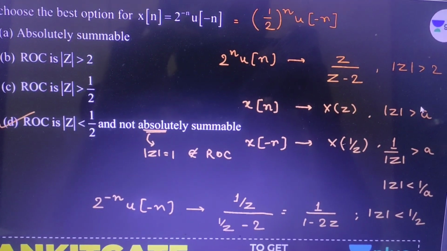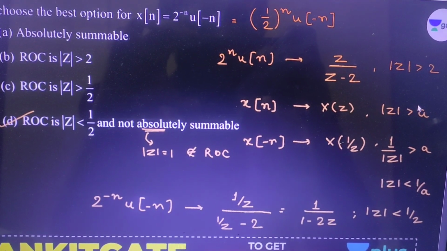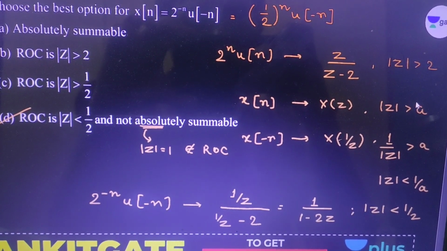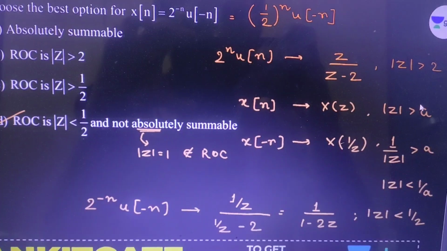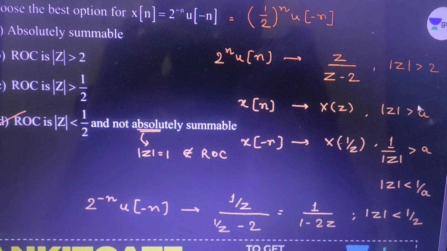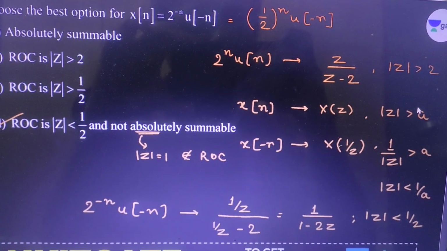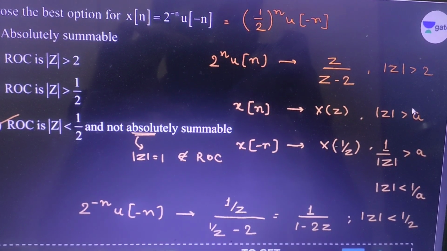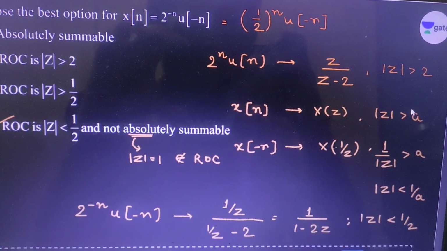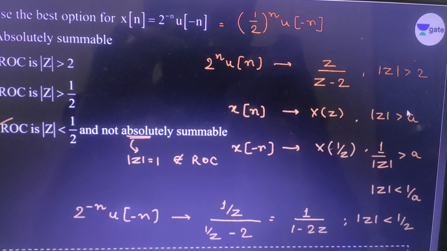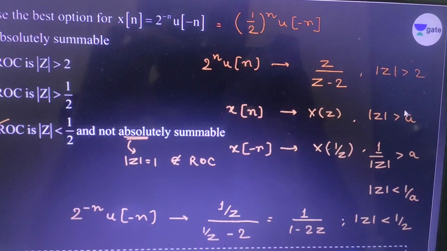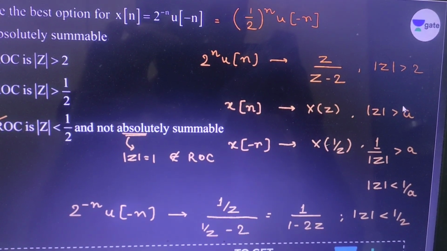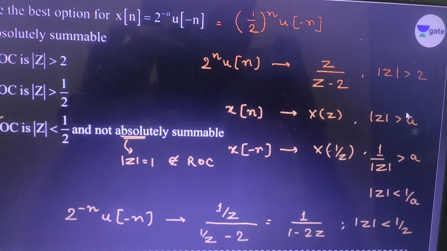Here the question is given as 2 power minus n u of minus n, that is nothing but x of minus n. If you write it as x of minus n, you can write it as 2 power n u of n, and z is replaced by 1 by z. So 1 by z by 1 by z minus 2 gives 1 by 1 minus 2z, where z is less than 1 by 2.